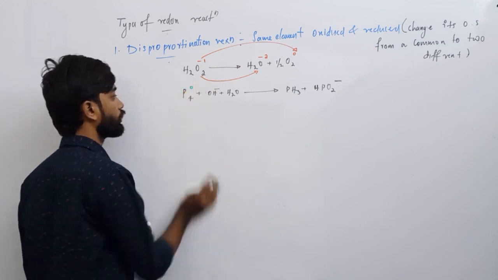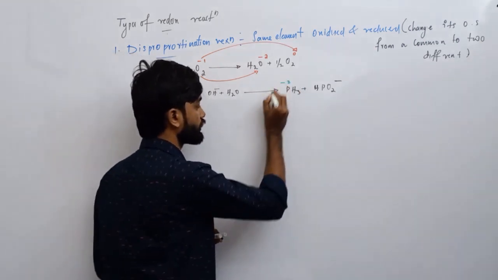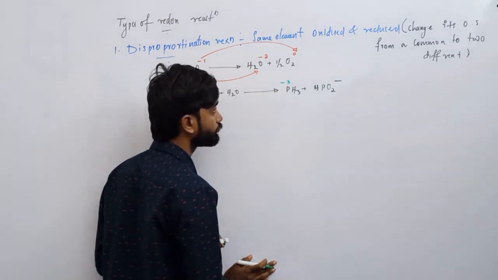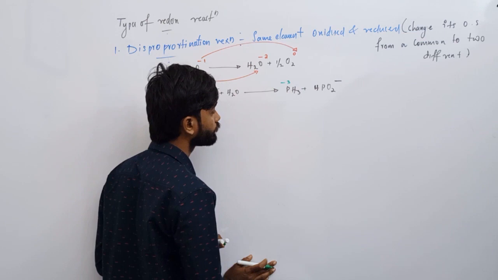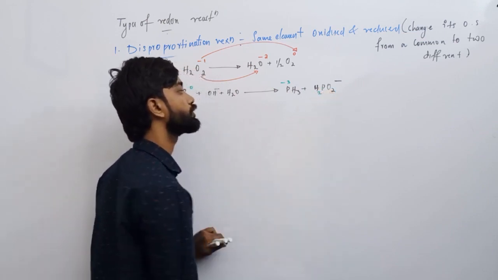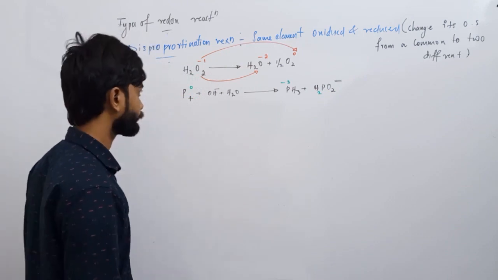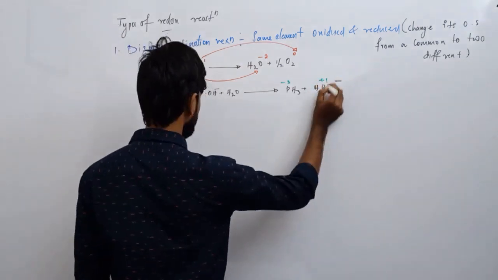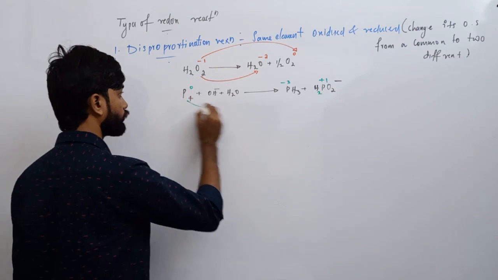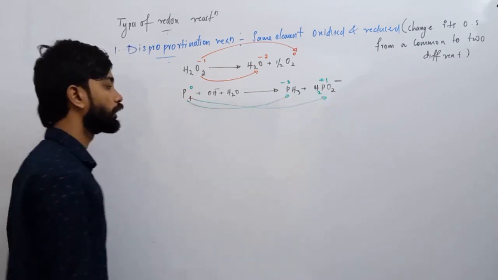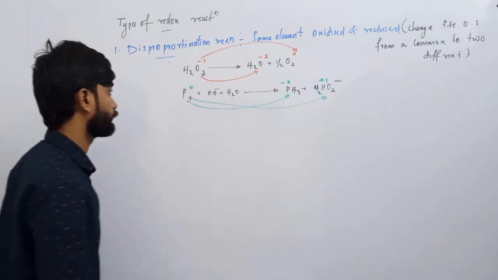Here phosphorus is in 0. Here the phosphorus is -3. In H2PO2 minus, -4 plus 1, that is -3. The phosphorus is in +1. So it is reduced and oxidized, the same phosphorus.